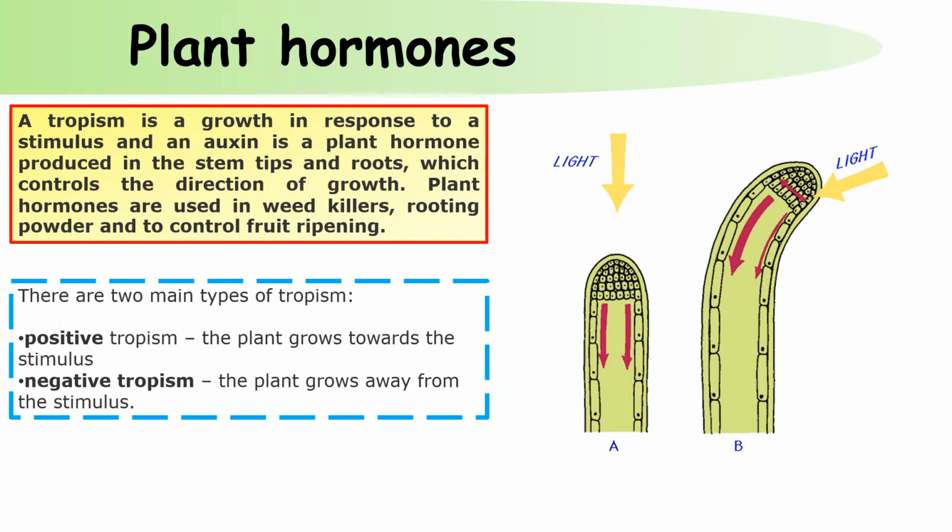Because it moves to the opposite side of the shoot to the light, it diffuses just down that one side. As it diffuses down that one side, it causes cells in that side to grow more and elongate more than on the opposite side, causing the plant to grow towards the light.